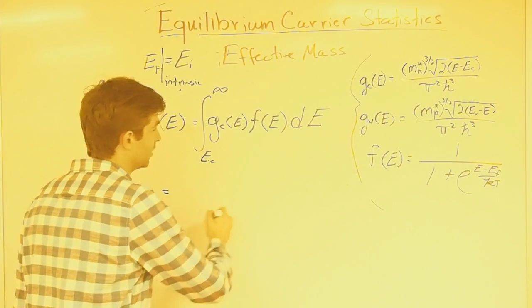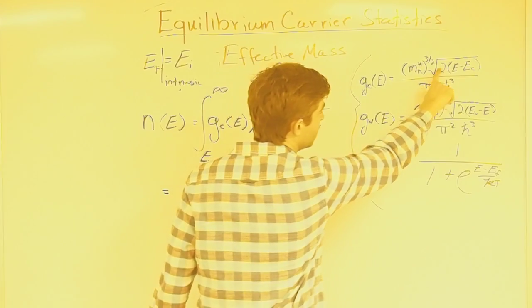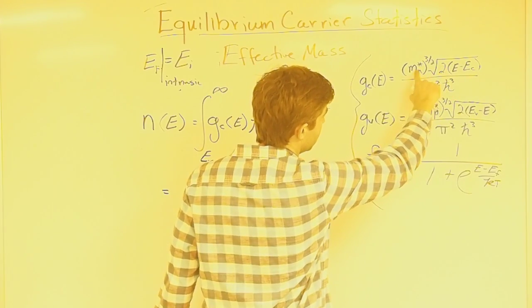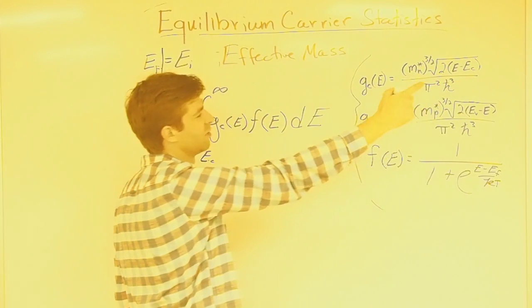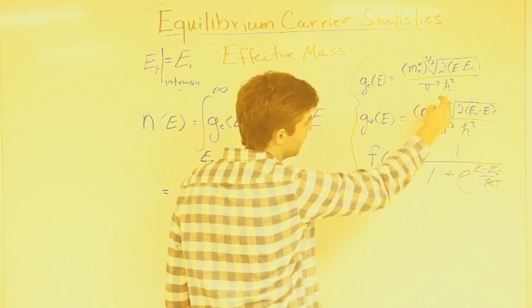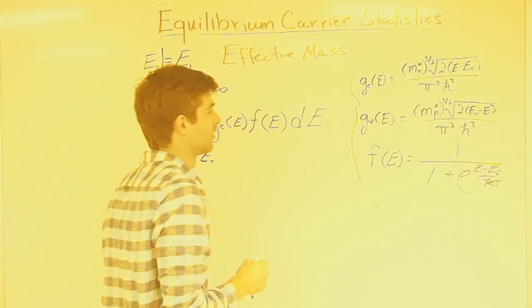I'm going to pull out the m_n*, and we can take the effective mass to be constant in this case. It's not necessarily true, but we're going to assume that here.